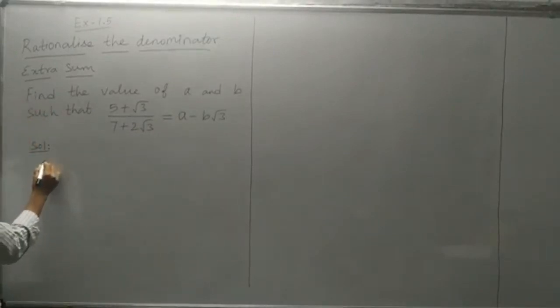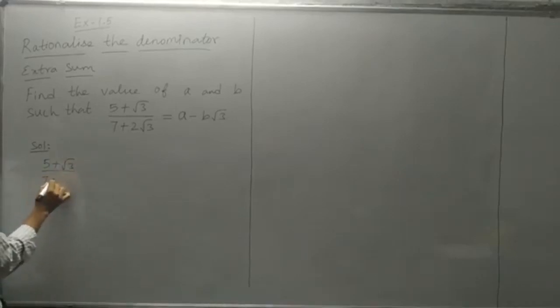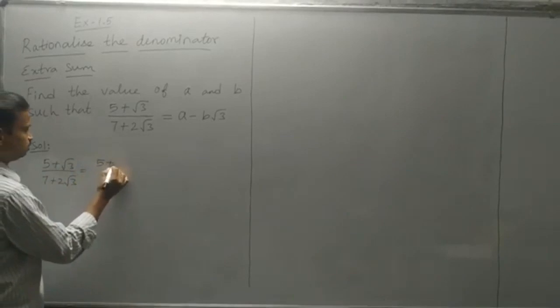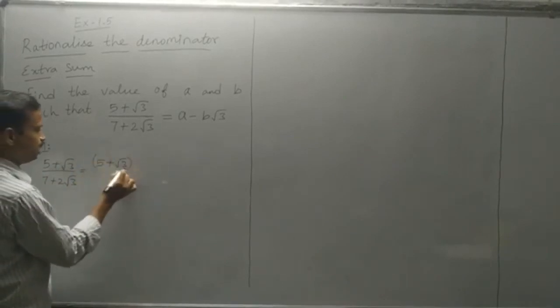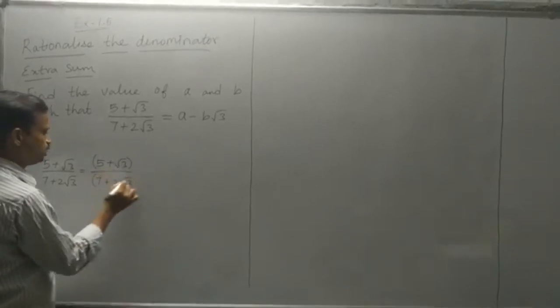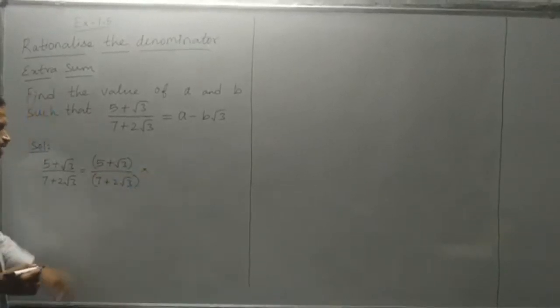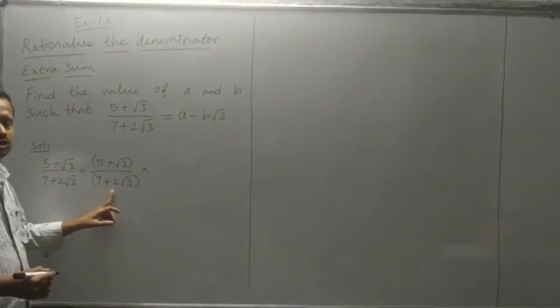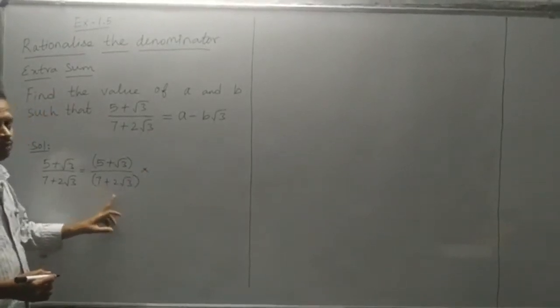So (5 plus root 3) by (7 plus 2 root 3). You can write it as (5 plus root 3) by (7 plus 2 root 3) into, we have to multiply by the rationalizing factor of the denominator.